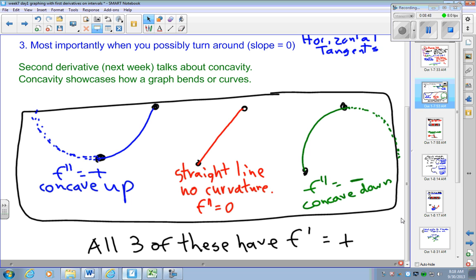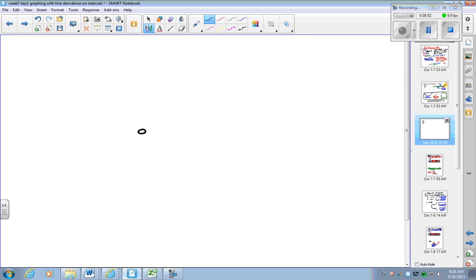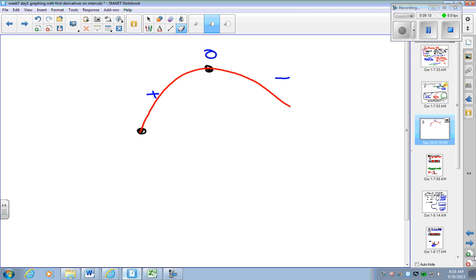Okay? So again, it could be this whole idea of, let's say you know 3 points. And you know that it goes up here, it's flat there, and it's down to there. One way to draw that is I can just say, oh, up, flat, oops, and down. Okay?